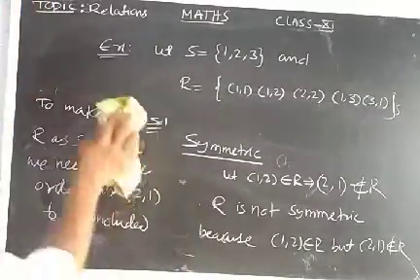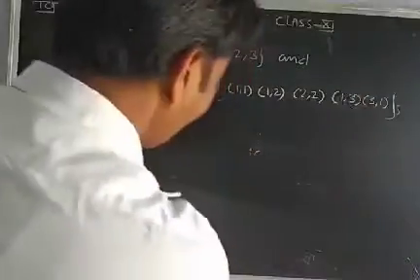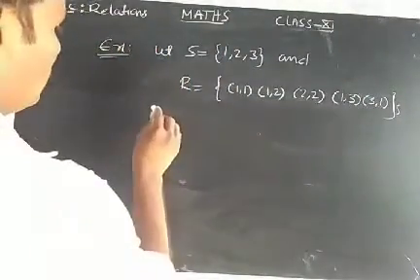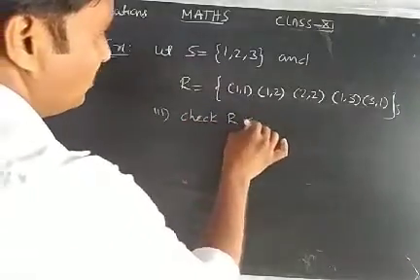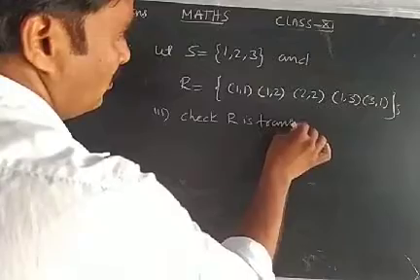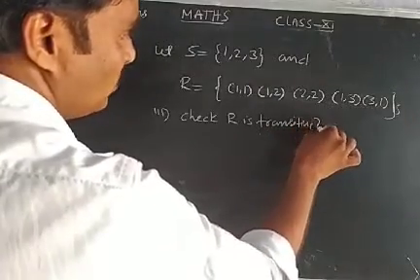Okay, right. Next, third question. Question number 3. Check whether R is transitive.